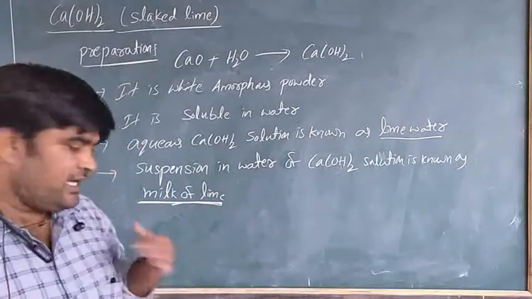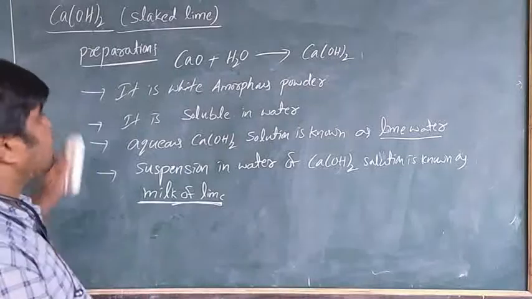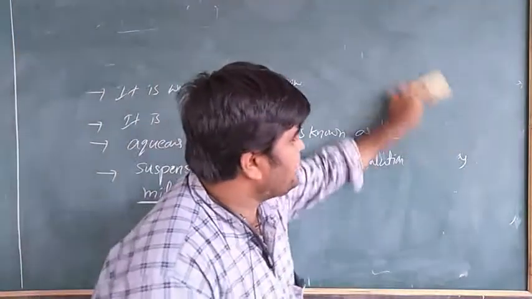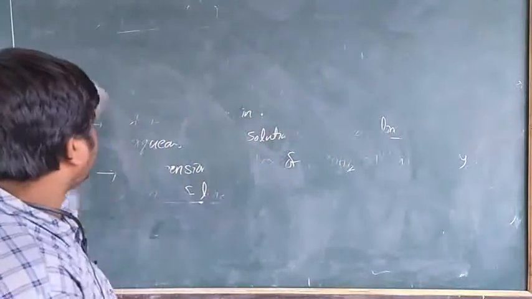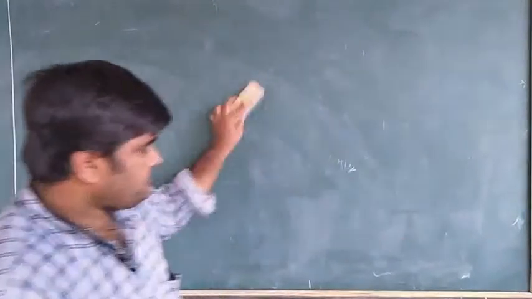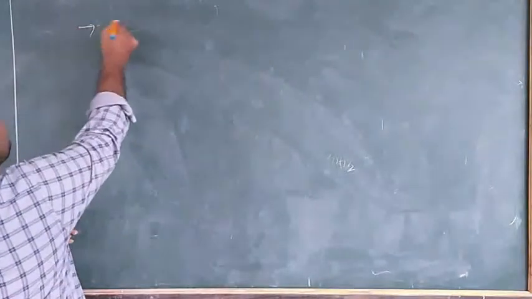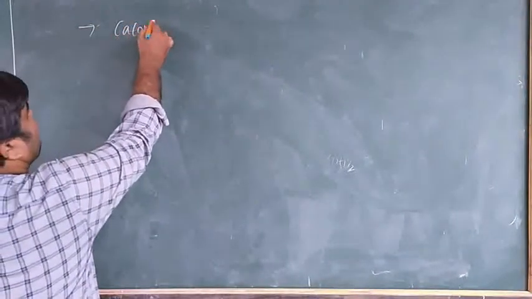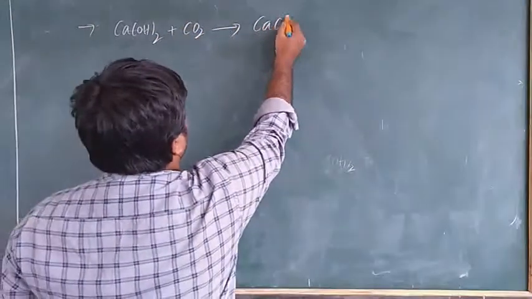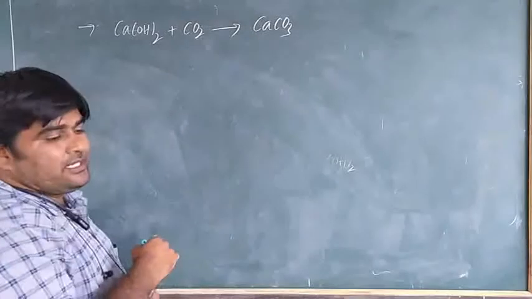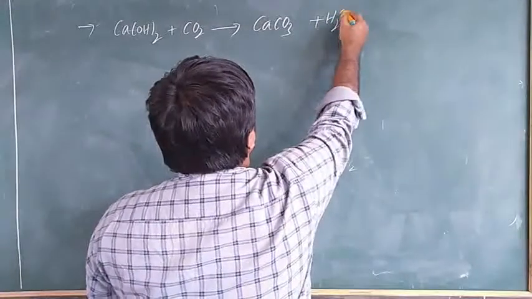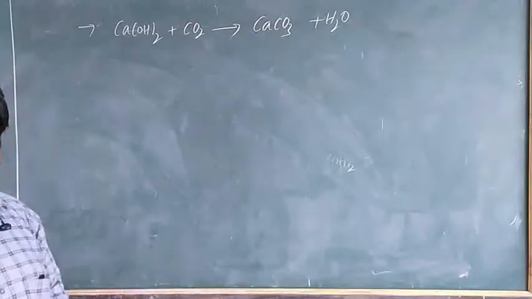Is it clear? Coming to the chemical reactions, calcium hydroxide reacts with carbon dioxide to form calcium carbonate and water.